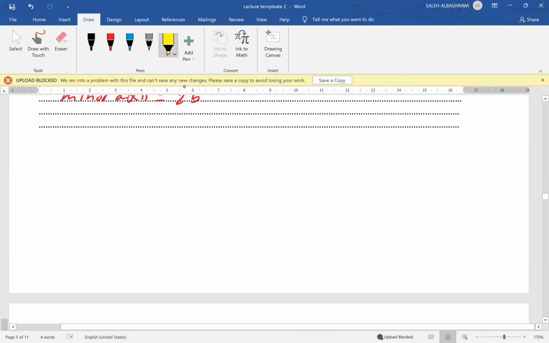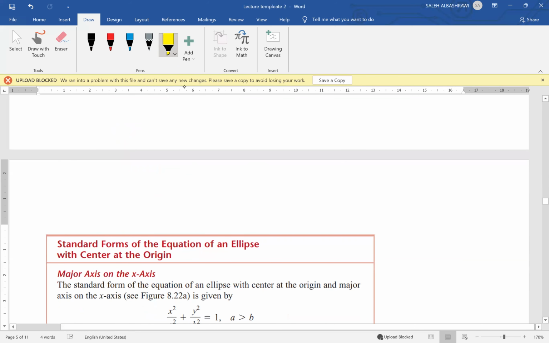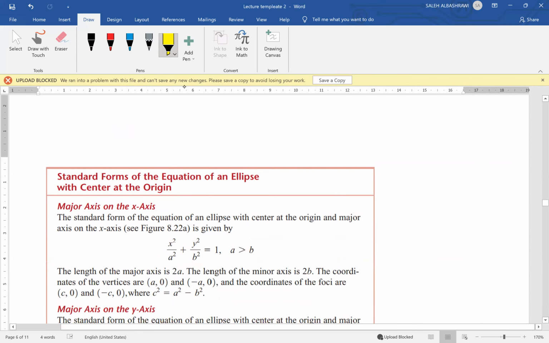In general, we can speak about the standard equation of the ellipse. The standard form of the equation of an ellipse with center at the origin and the major axis on the x-axis, or horizontal major axis, is x squared over a squared plus y squared over b squared equal to 1, where a is greater than b. So we are looking for the larger denominator, which gives the direction of the ellipse, whether it is vertical or horizontal.